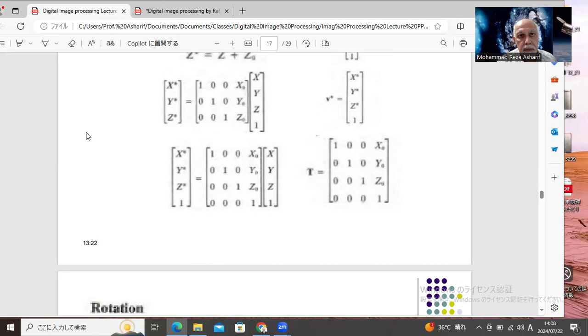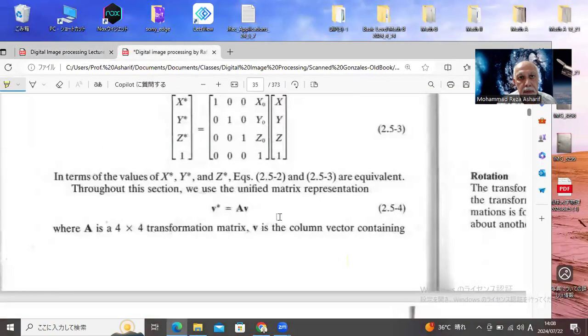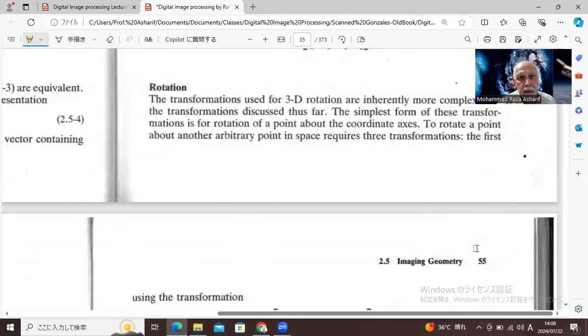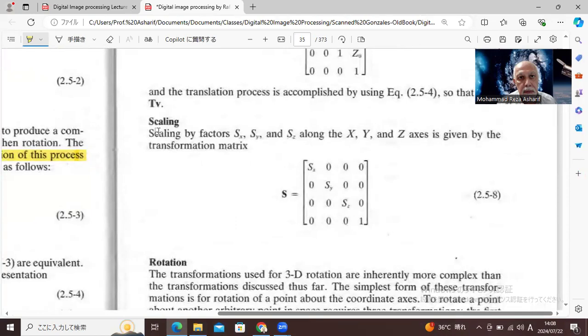Next is scaling. Scaling is like this: we have factors s x, s y, s z along the x, y, z axes, and the transformation matrix becomes s x, s y, s z, 1.